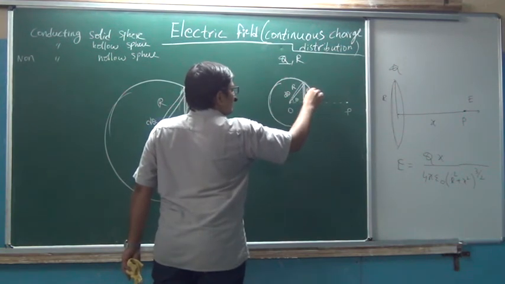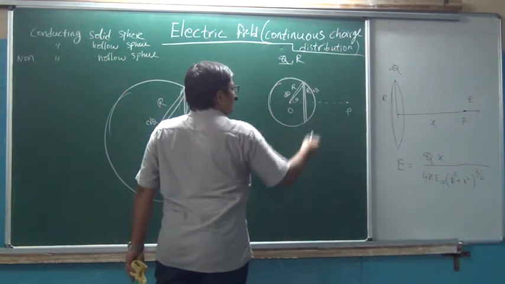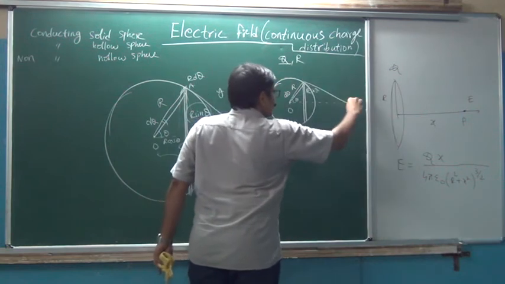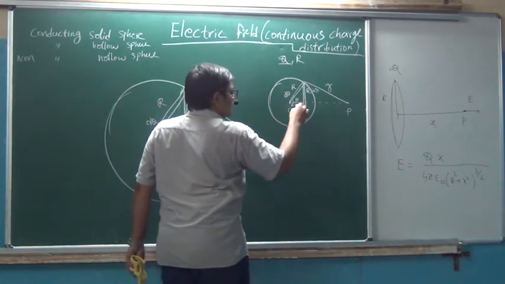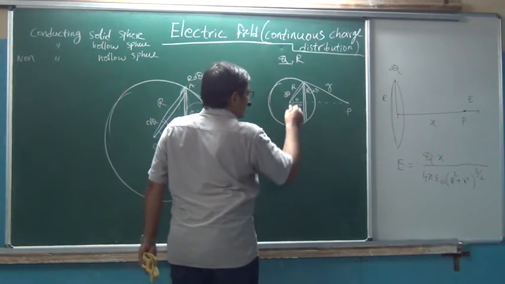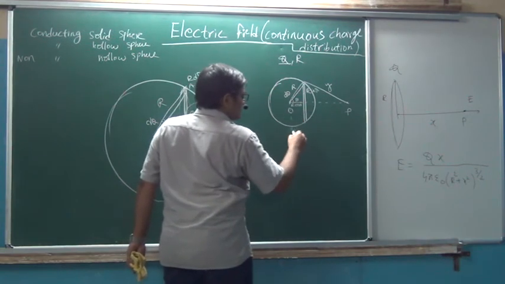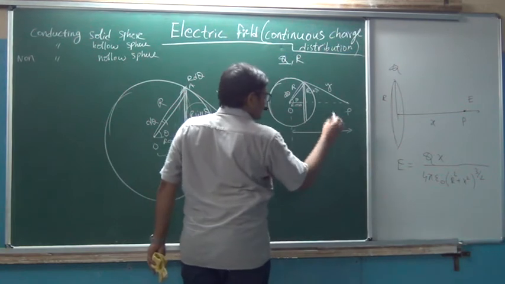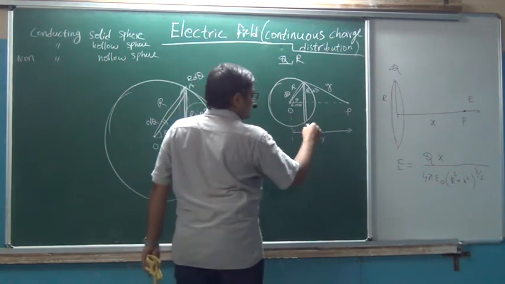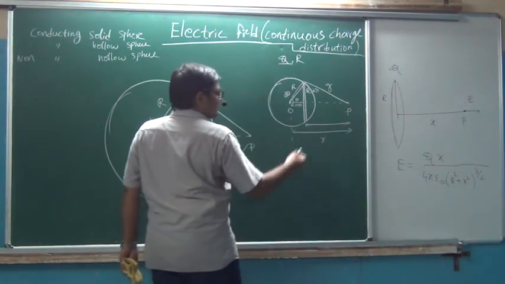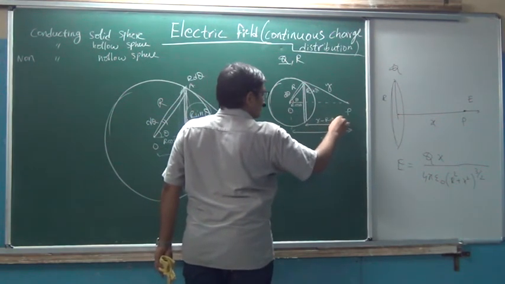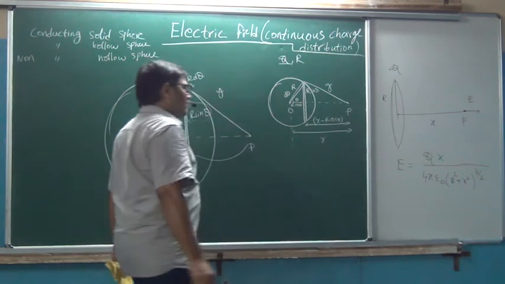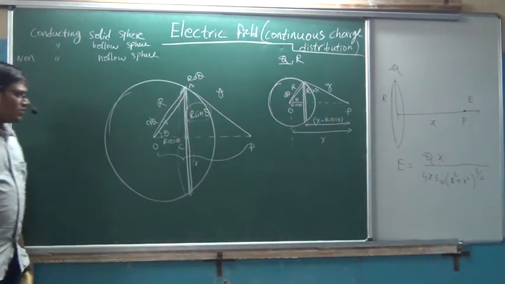What is this? y. What is this length? r cos theta. The distance from the center of the sphere to this point P is small r. And what is this distance, can you say? Small r minus r cos theta. Very good. You are able to understand.